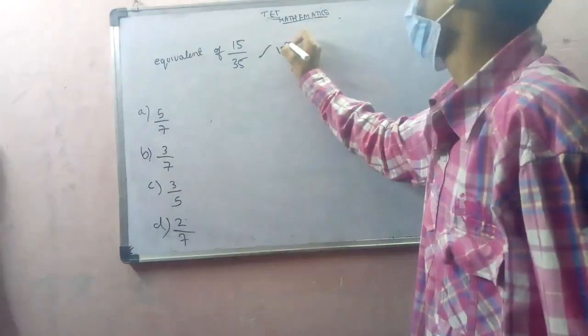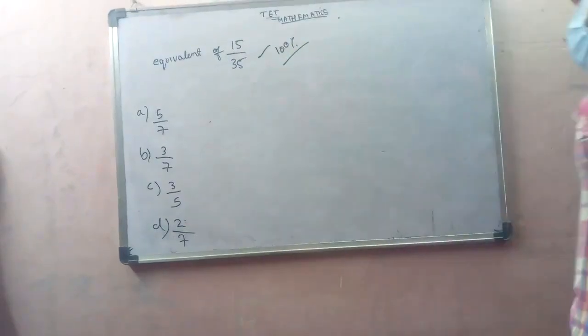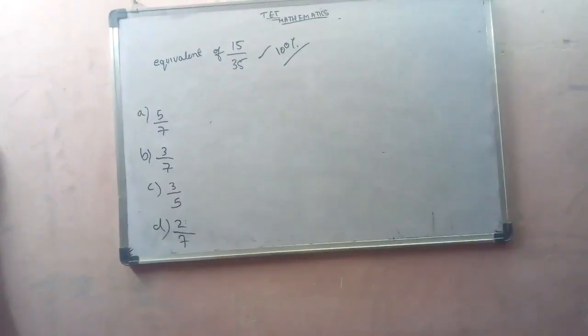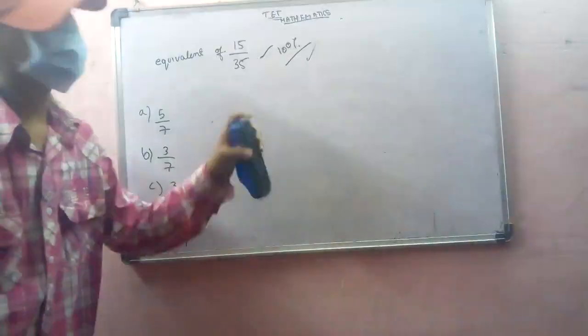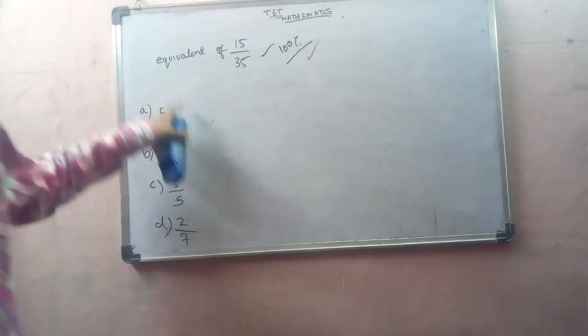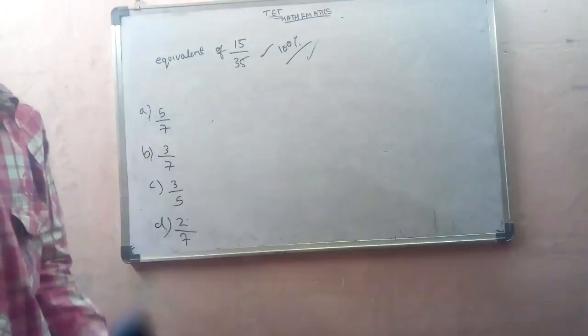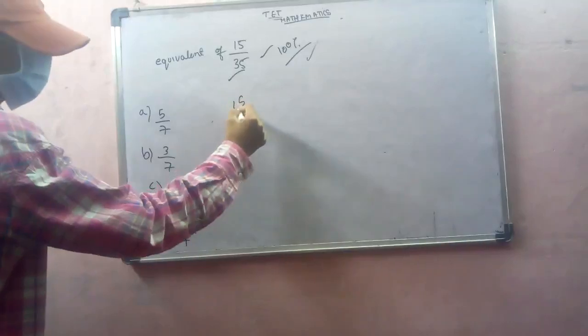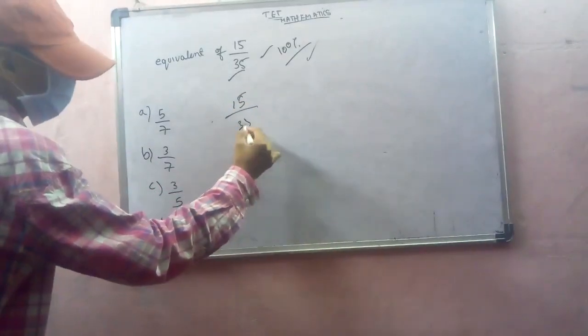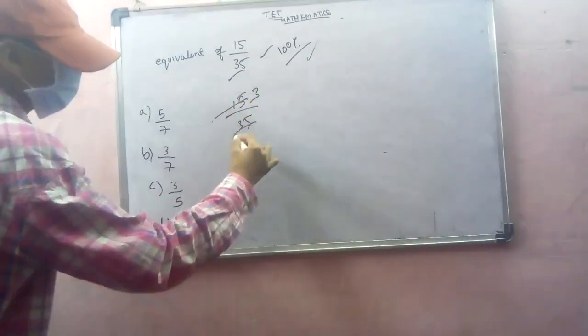100% of students will do this question. Absolutely, they will tell the correct answer only. I am sure. This question was asked in that exam, which year I don't know, but I have taken it from this model paper. Now see here, 15 by 35 is equivalent to, 5 threes are 15, 5 sevens are 35, so 3 by 7.